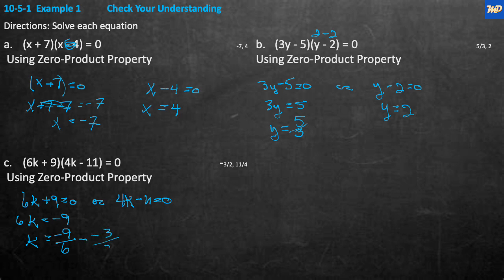We can reduce that, simplify that term. And then the other one, 4k minus 11 equals 0, 4k is equal to 11, k is equal to 11 over 4. There's the solutions.